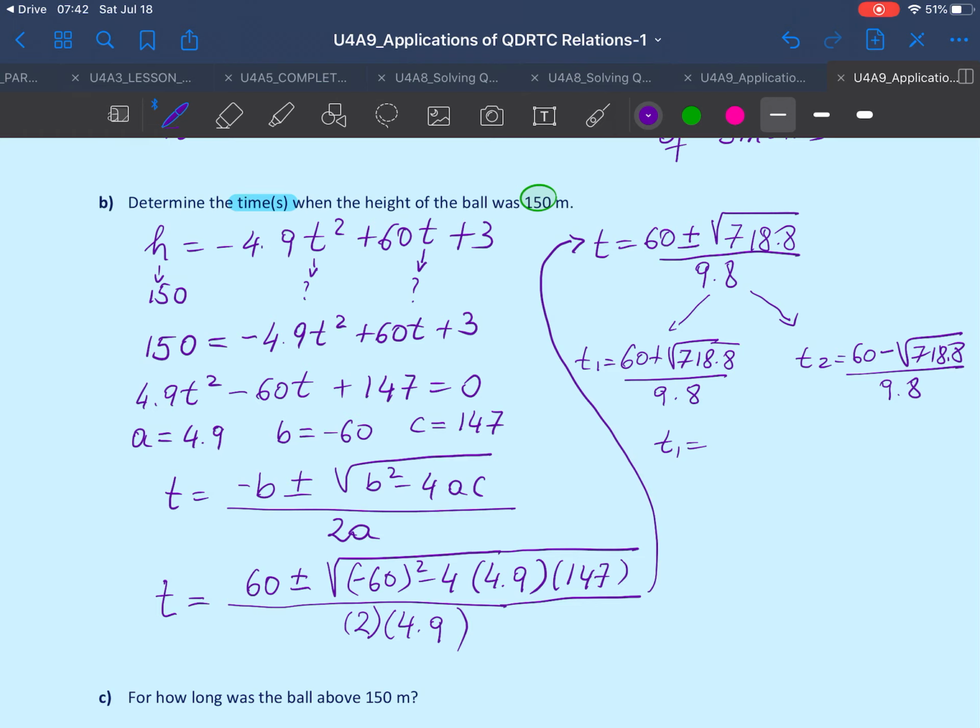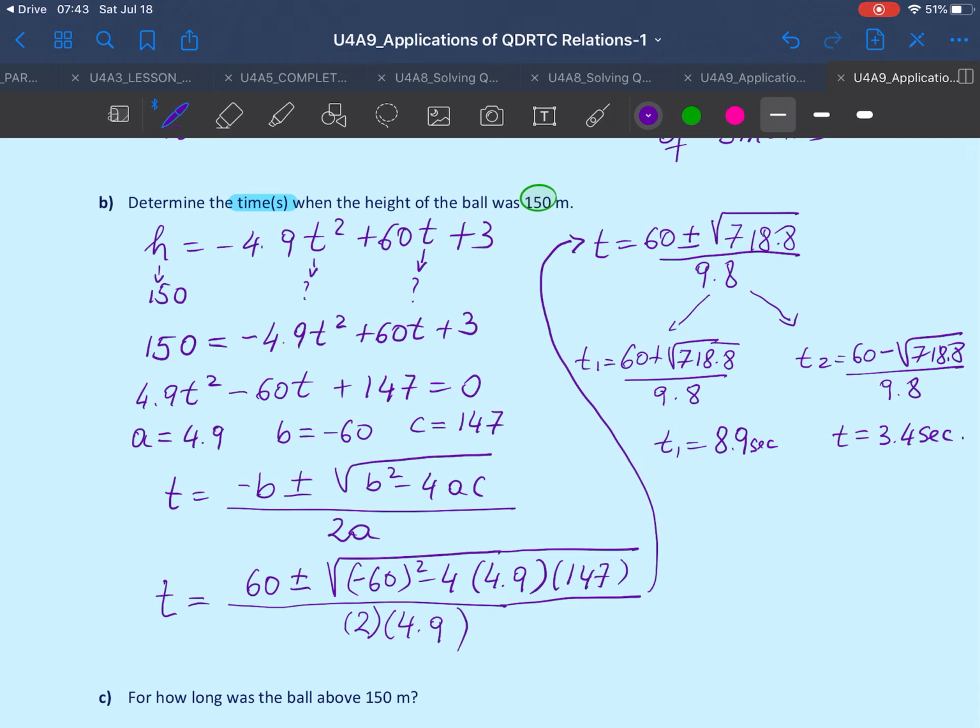So we got 60 plus the square root of that divided by 9.8. That's 8.85. So I'm going to round to 8.9 seconds. And 60 minus the square root of 718.8 divided by 9.8, that is 3.4 seconds.